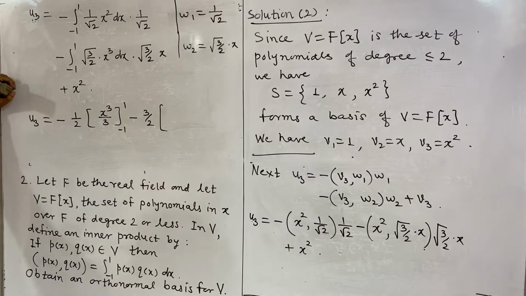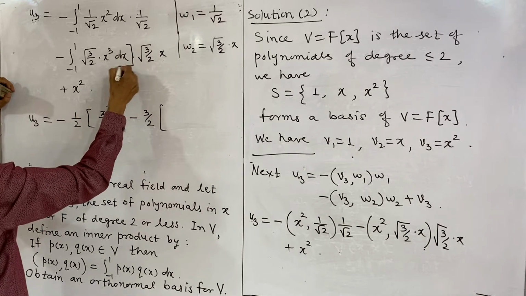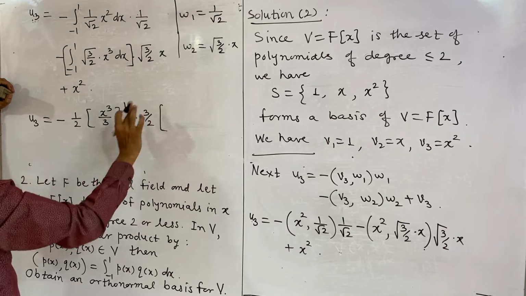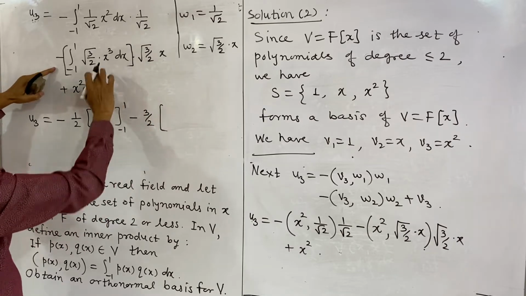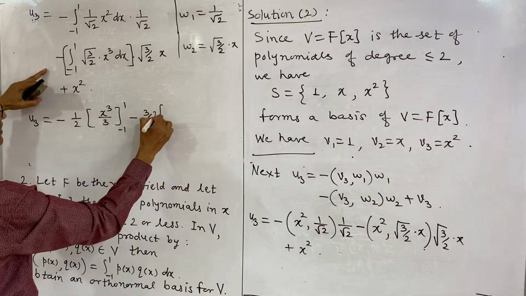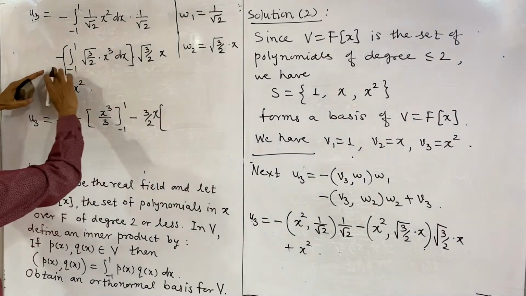This will not be in the integration because this is to be put in brackets. This is a separate term, so this must be outside the integral. We can write 3 by 2 times x outside the integral.